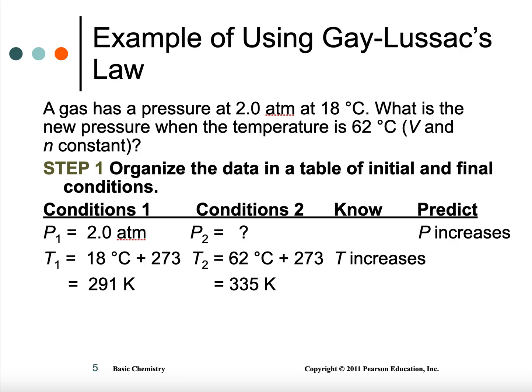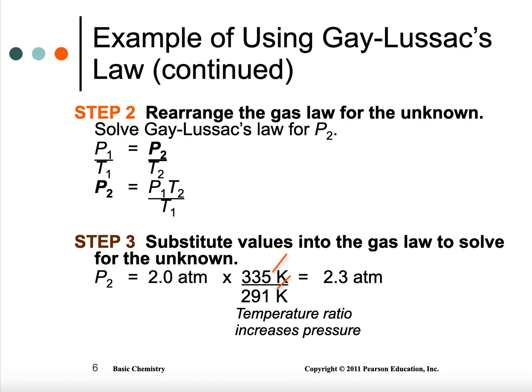I think it's actually 273.15 if I'm not mistaken, but adding 273 to that 18 and then adding 273 to that 62 will give you these numbers that you see at the bottom, 291, 335. That's where they got them. So it has to be Kelvin degrees to do it, and then you get everything else by itself. That's how you do it. So solve for P2 in this case. Fill in the 3 that you're given, and you'll have the new pressure in atmospheres.